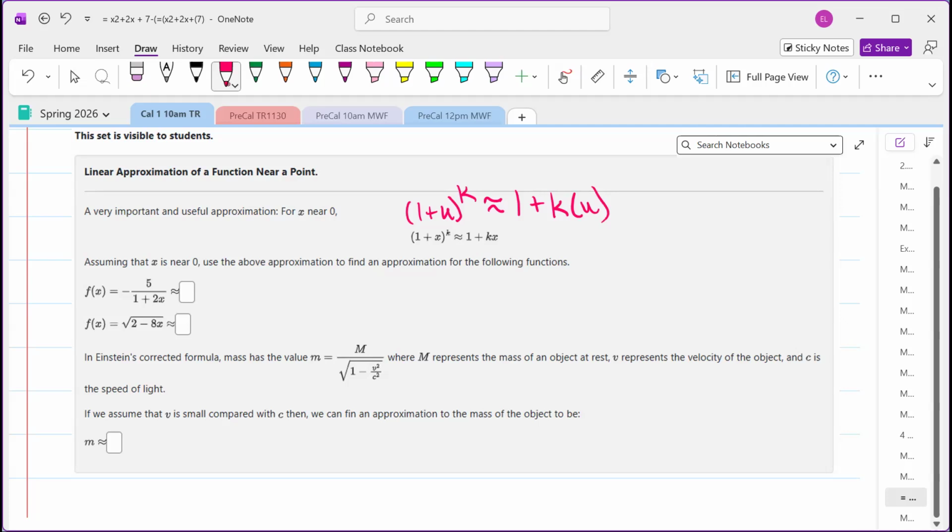So it doesn't have to be just an x. It can be a little bit weirder, but we do want it to be 1 plus the thing and then to some number power. Now this does say for x near 0, but the approximation we're looking at is kind of similar to some of the material from the end of Cal 2.